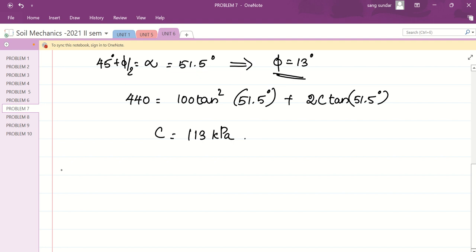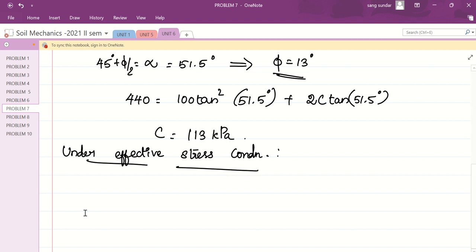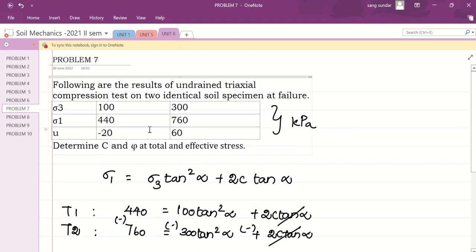Now with this, the problem is not over. Now we will solve the same problem under effective stress condition. Under effective stress condition, the major thing which you have to note here is you have to consider the pore water pressure. So our sigma 1 will become 420 because here negative pore pressure is there. So this one will become 420 and this one will become 120. Whereas this will become 700 and this will be 240.